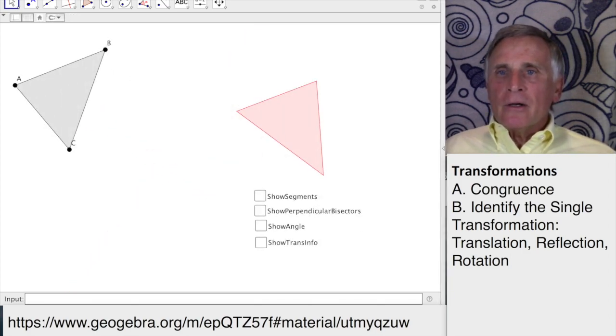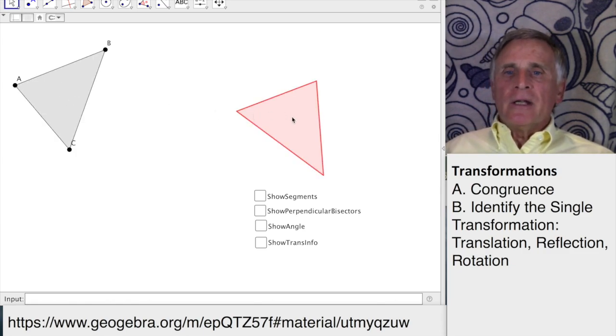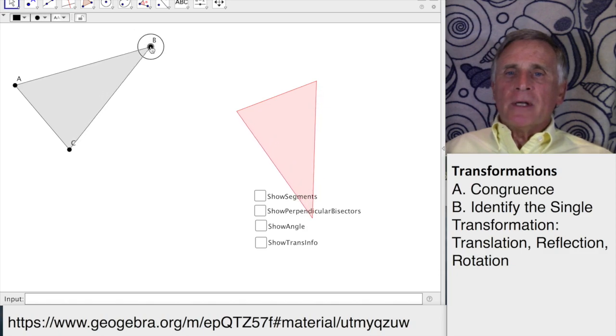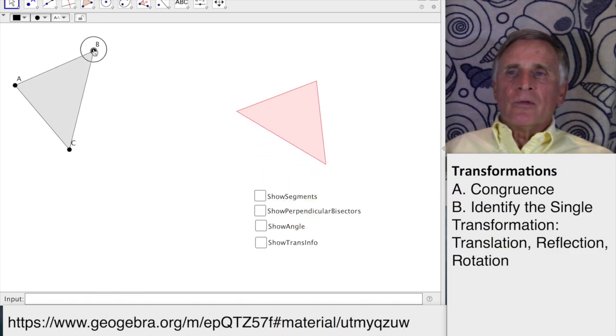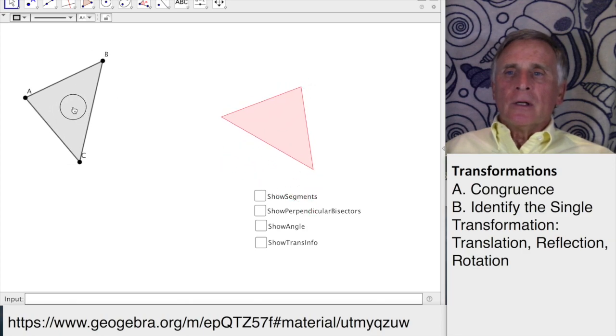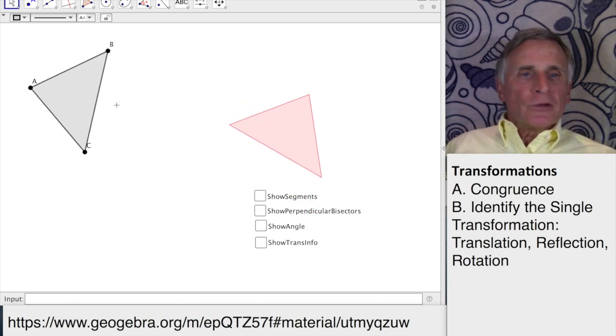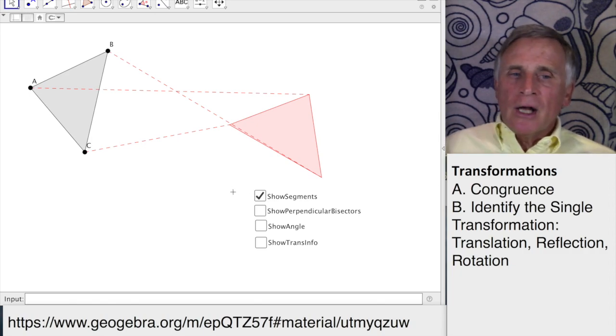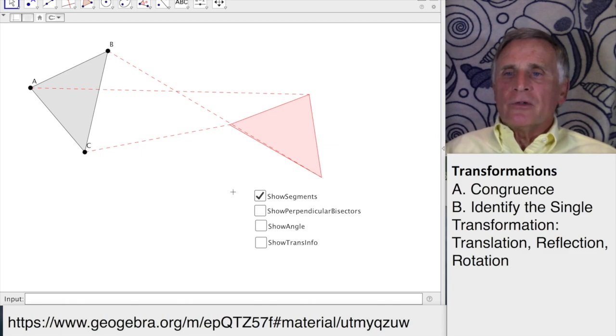Here we have our third example, and again the black is the original ABC and the image is in red. Since GeoGebra creates dynamic situations, we can move things around if we want. The first step, as we did when we discovered the translation and the reflection, was to create the segments. Here, definitely the segments do not look parallel. So there are the segments from each point to its corresponding image point.